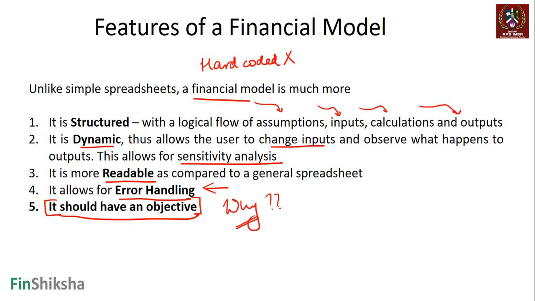It is very important for us to identify and outline this as we begin, right? You will note that when we start building financial models, once we have defined the objective, it becomes much simpler to ensure that it is structured, it is dynamic, it is readable, and it tackles error handling, because we know what it is that we want to find out. We know the purpose of the model, right?